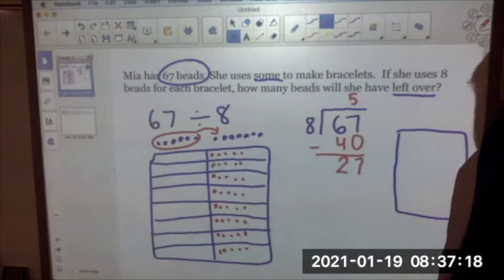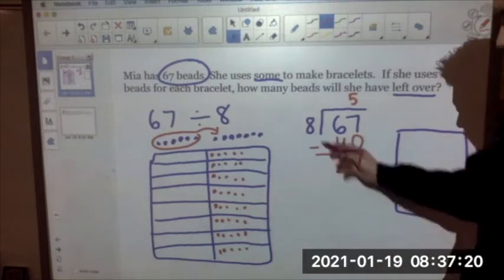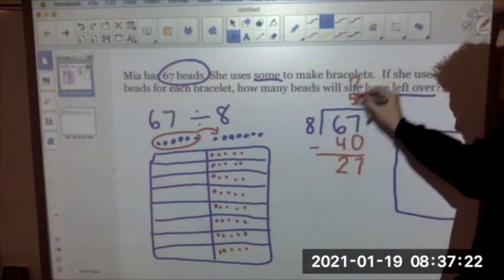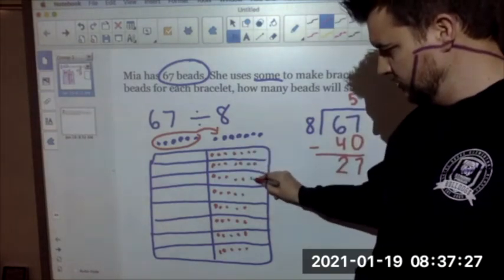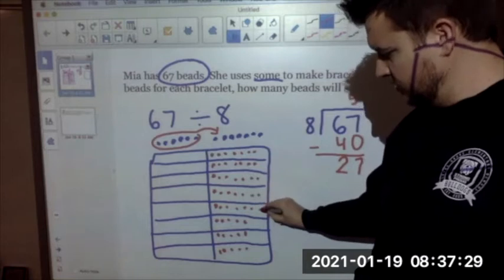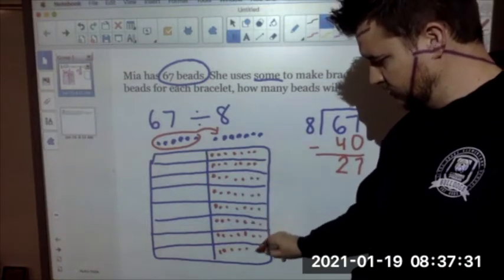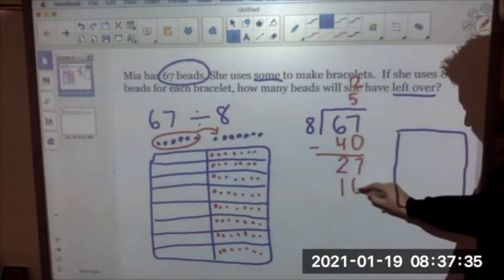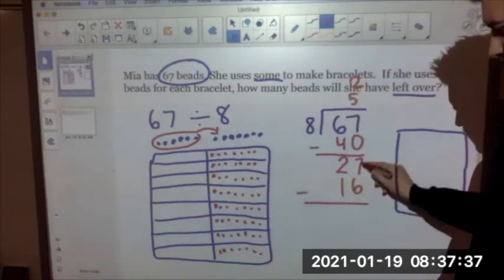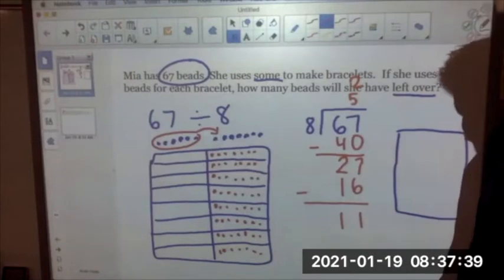It's not a remainder of 27. Another fact I know is 2, so I can put 2 in each one. 8 times 2 is 16. Subtract. I get 11.